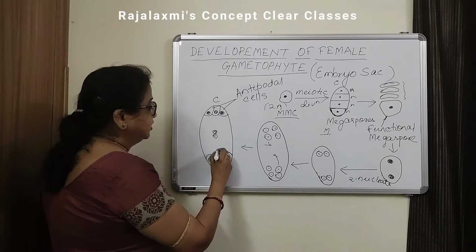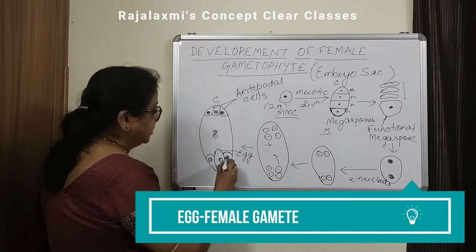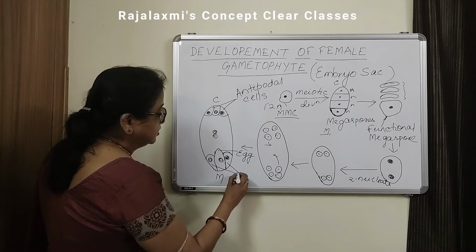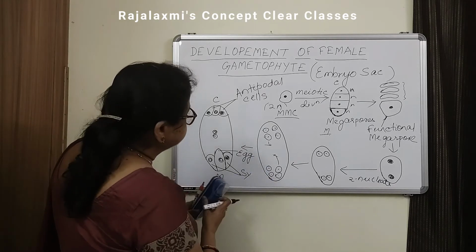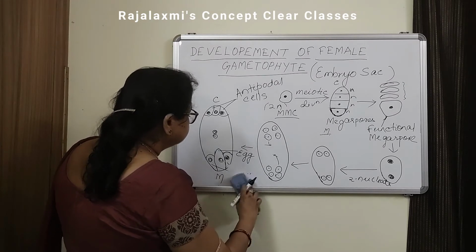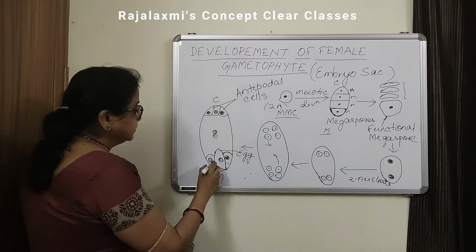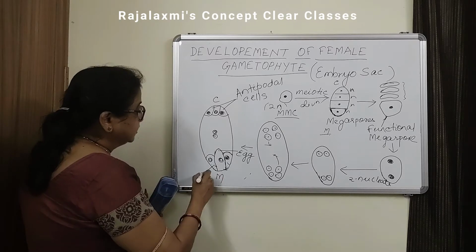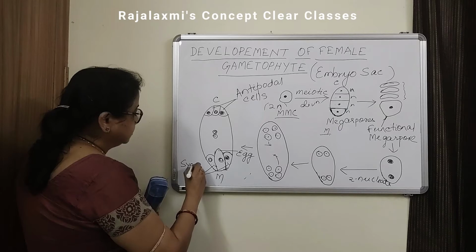The larger cell is the egg and these 2 smaller cells are known as synergids.